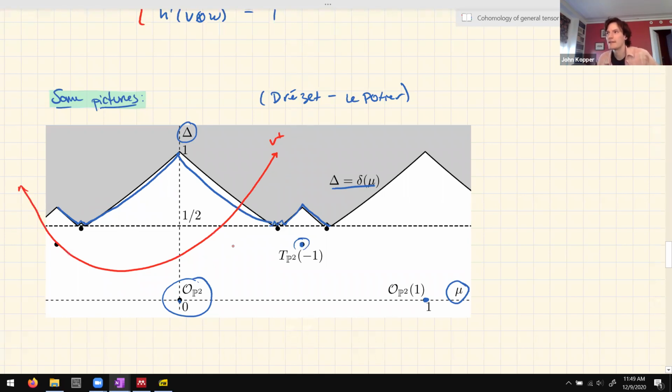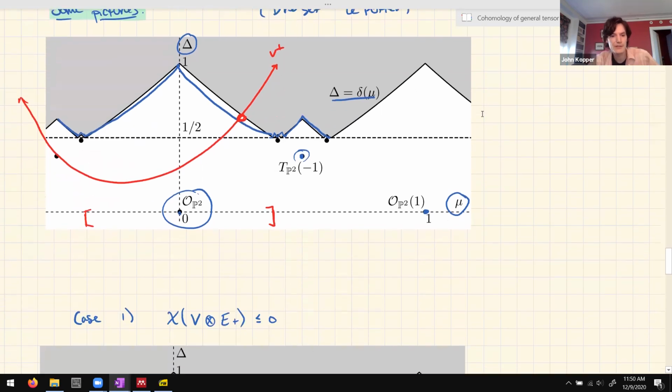The corresponding exceptional bundle is the exceptional bundle that lives underneath the place where the Drézet-Lepotier curve intersects the orthogonal parabola. So it intersects like here. And so that's in the zone controlled by the bundle O. And so I know that that's the corresponding exceptional. So the definition of corresponding exceptional is supposed to capture this fairly clear geometric picture. So that's what that is.